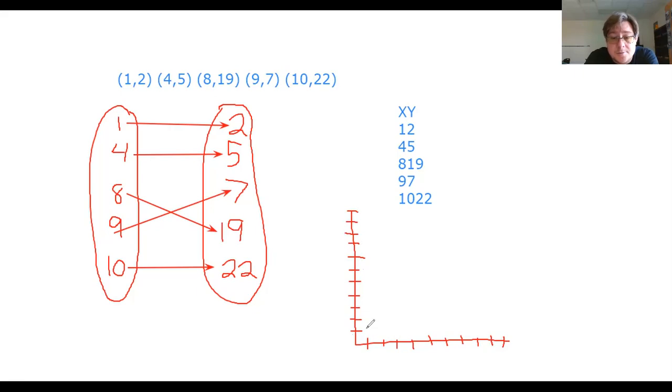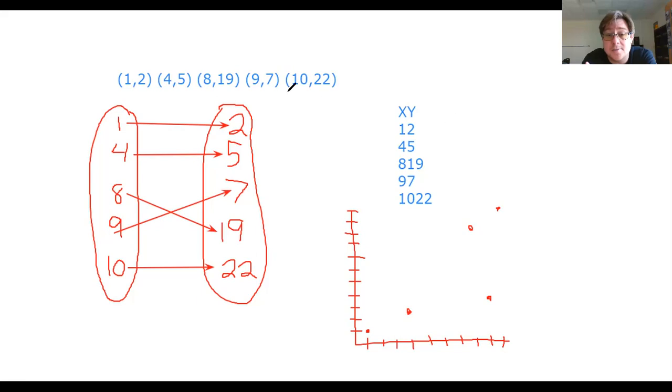So we have 1, 2, 4, 5, 8, 19, and 9, 7, 10, 22. There's my badly done graph on this.